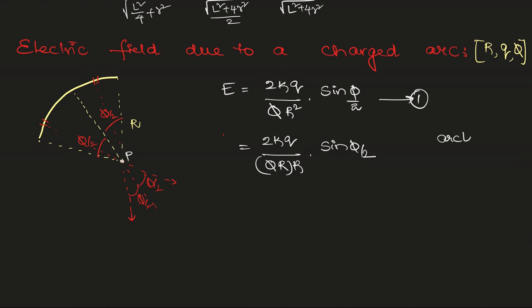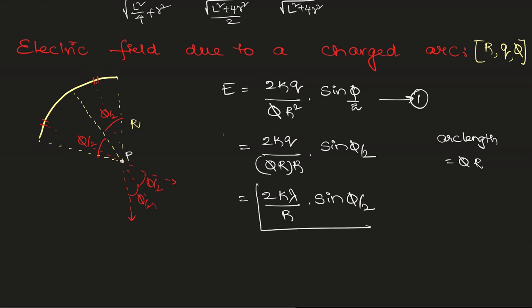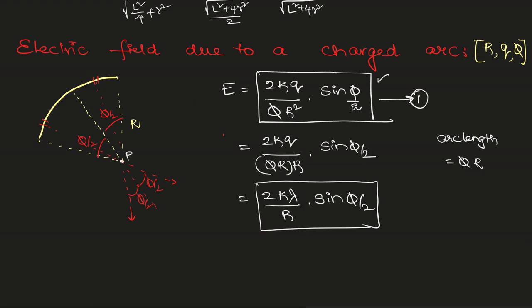Arc length will be equal to angle into radius. So the charge per unit length will be lambda. So 2k lambda by r into sine phi by 2. So this is in terms of linear charge density, and this is in terms of charge and angle subtended by that arc. Both the equations are important.